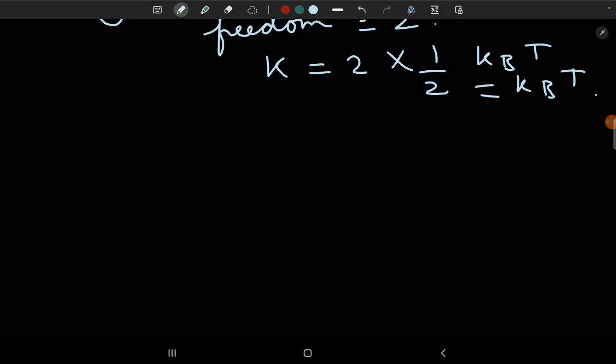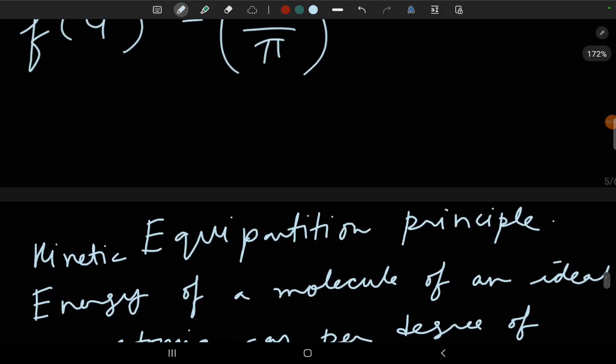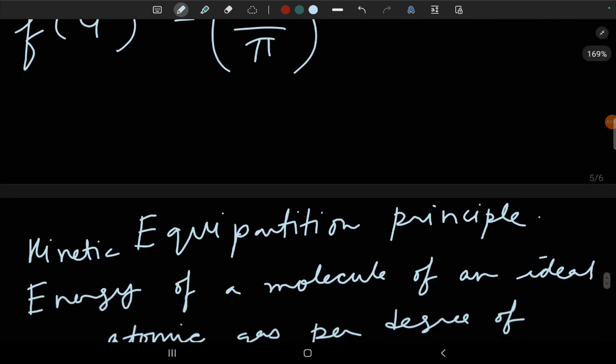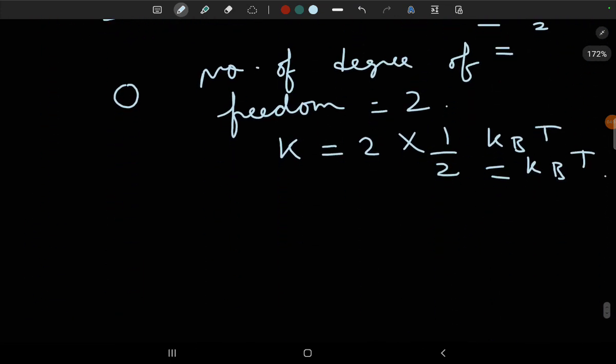Now we have arrived at this form of the distribution function, and we should realize that this is actually a distribution of speeds in 2D. This is a 2D Maxwellian case.